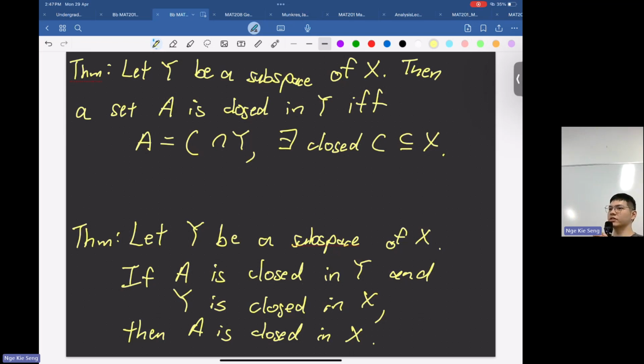Just use the definition, just spell out the definition.